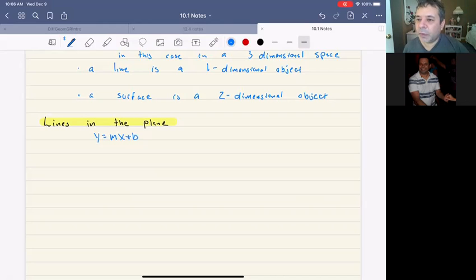You really have two parameters. Your two parameters are m and b, and that tells you everything you need to know about the line. The y and the x are just telling you where on the line you are. But the m and the b define the line.